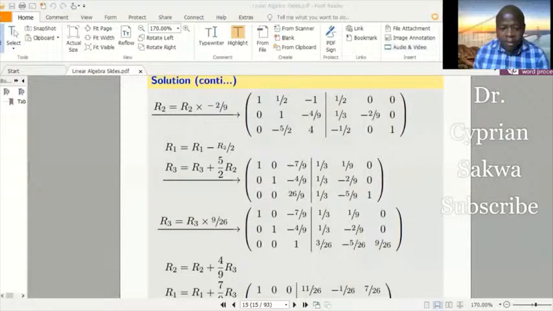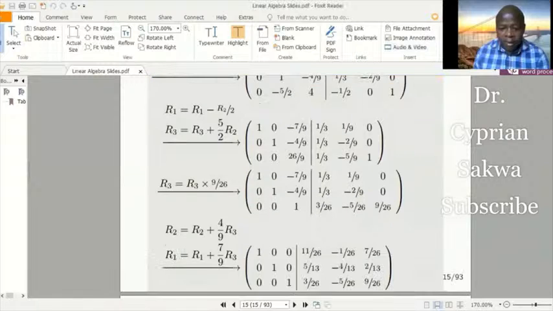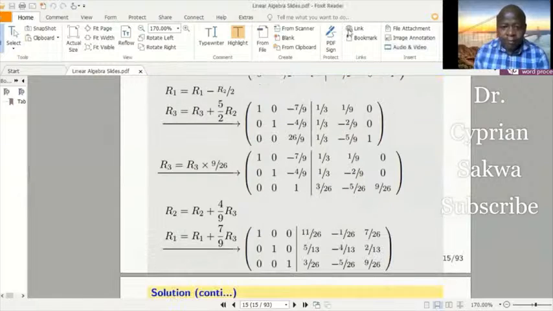To get a 0 in this position, I'll take the element in row 2 plus 4/9 of the element in row 3, and I do it for the entire row.